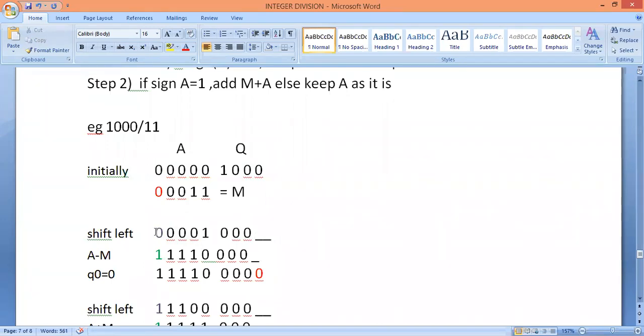Okay, shift left. Then, the most significant bit we got as 0. Therefore, you have to do A minus M. So here you can check.